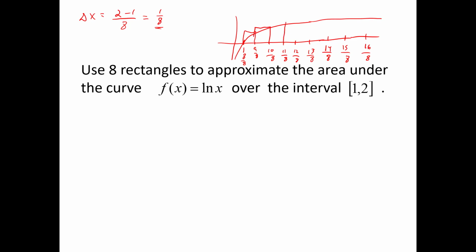And for each one of those rectangles, you take the right endpoint, and so then your area using 8 rectangles is going to be, the width is 1/8. The height you get by putting your right endpoint into the formula.